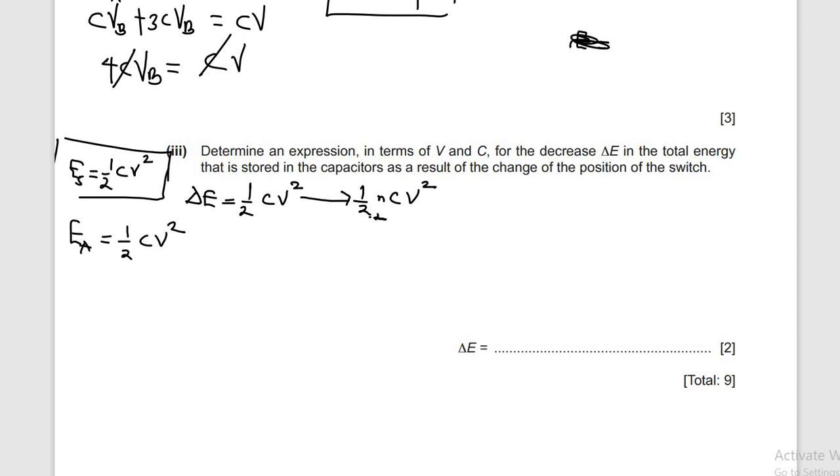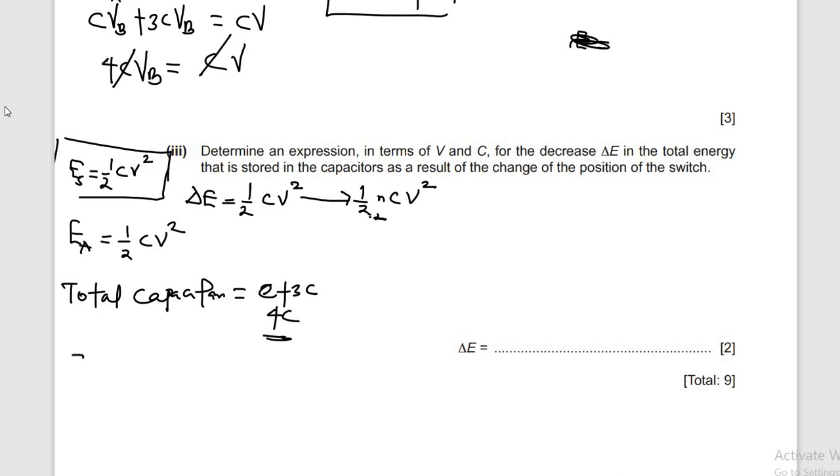When A is now charging B, at that point the total capacitance is C plus 3C, that's 4C.